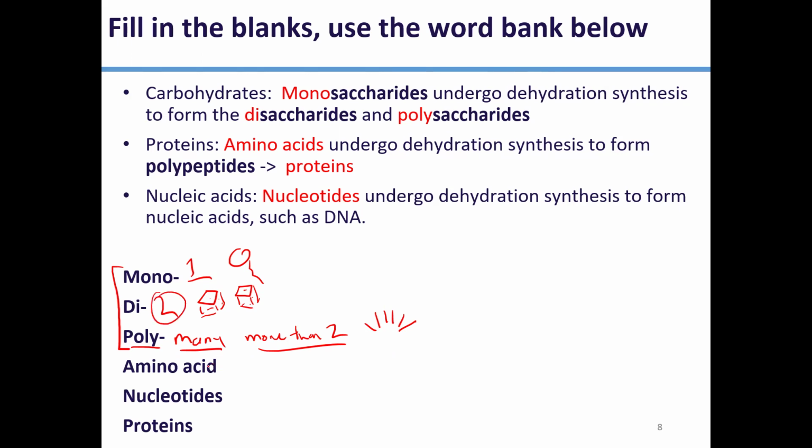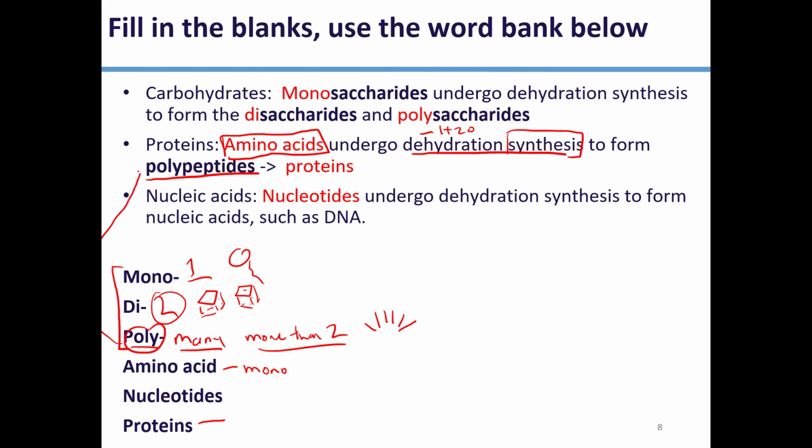So our next part, amino acid, is going to be our monomer for our protein right here. And then when we take a ton of these amino acids and go through dehydration synthesis, so minus H2O, we're trying to produce polypeptides, which in this case is going to be our polymer.